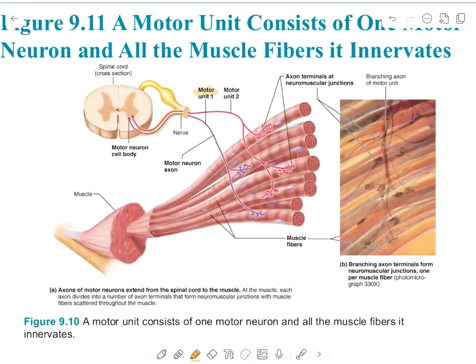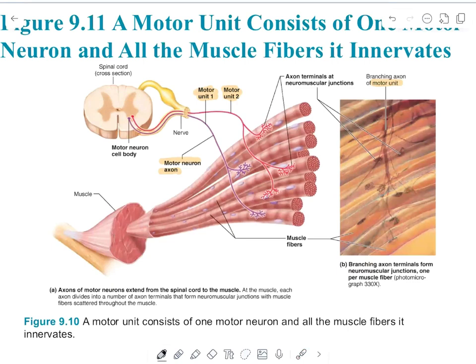So to see an example of this in a diagram, we have motor unit 1 and motor unit 2. In both cases, this is the motor neuron axon that's then going to extend to the muscle fibers. So we can do the same thing that we just did on the last slide. On the right-hand side, we see a photomicrograph of a motor unit, and you can also see those motor neurons extending down to muscle fibers.